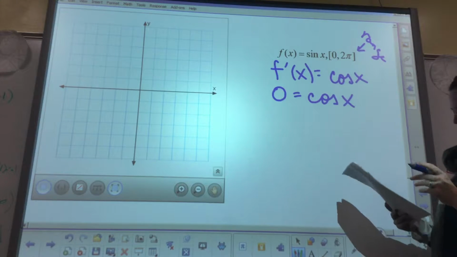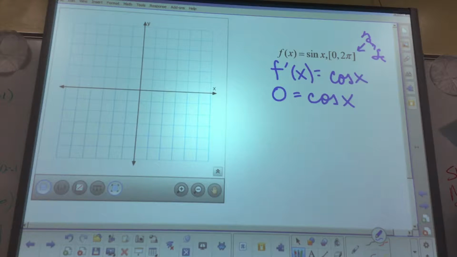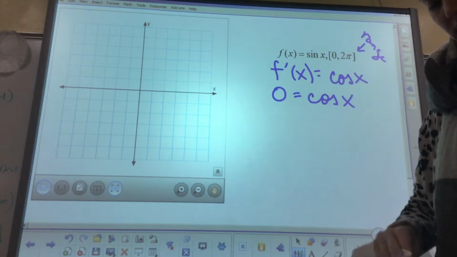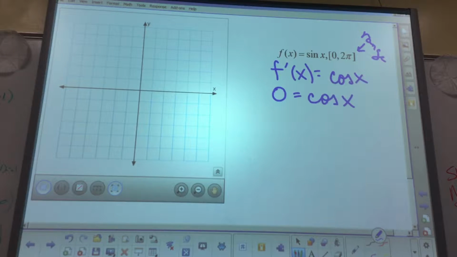And where is cosine 0? At pi over 2, probably. Yeah, pi over 2. It's your unit circle.